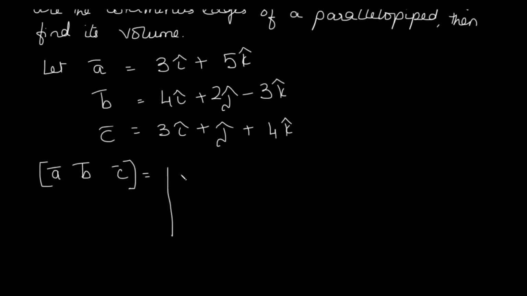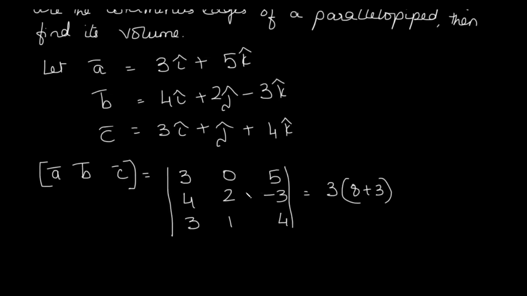Okay, so 3i plus 5k can be written as 3, 0 and 5. Then the second row contains 4, 2 and minus 3, and similarly 3, 1 and 4. In this way, we can solve it by writing 3 into, here it becomes 8 plus 3, minus 0 into the whole thing becomes 0.